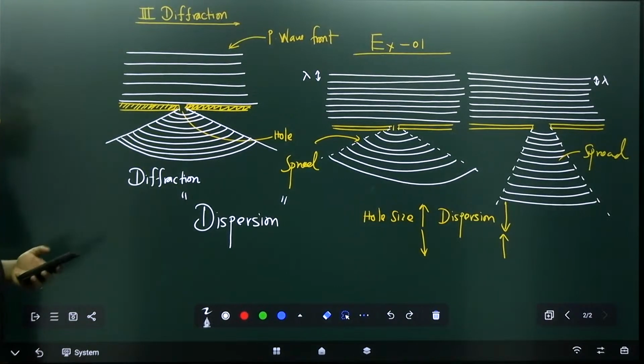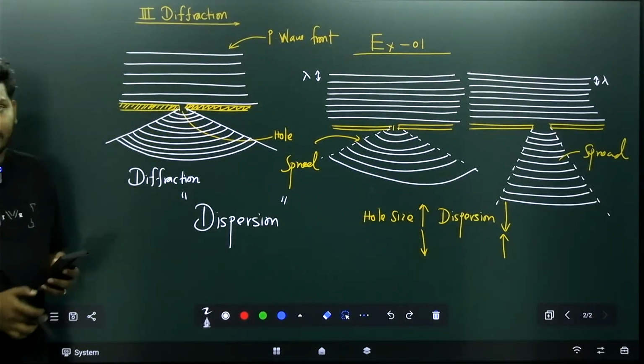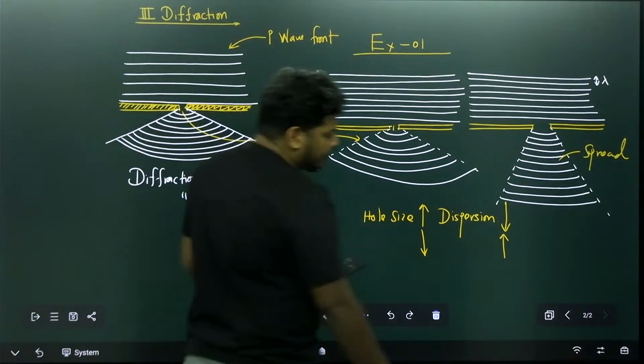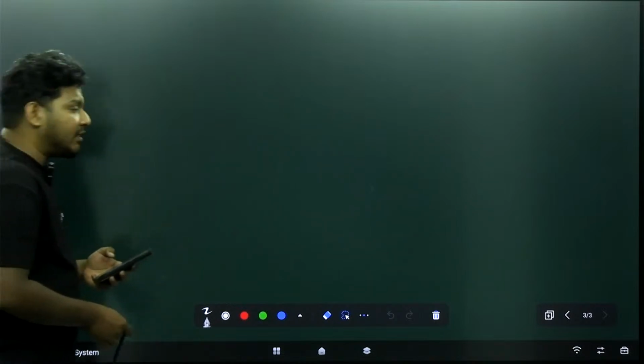Those are similar words for dispersion. Shall we move to the next one? Let's move to the next one here, guys.